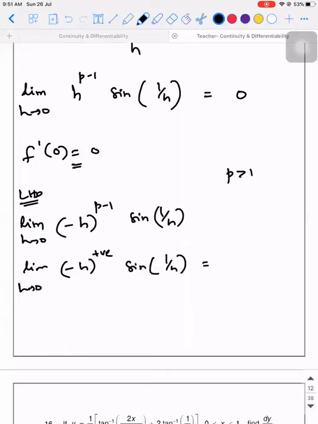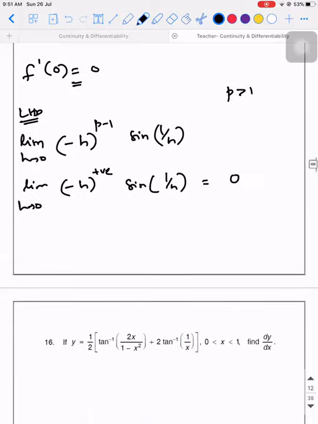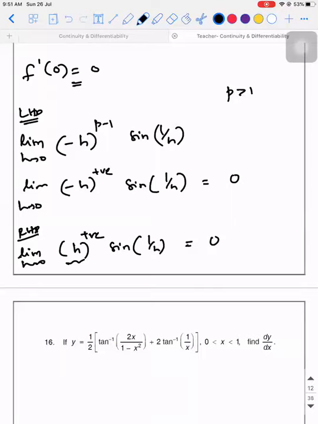So what will be the output for this after substituting 0? 0 power some positive value, greater than 0, is 0. Similarly, right hand derivative will be limit h tends to 0 h power p minus 1 into sine of 1 by h. But p is greater than 1, so it will become h power a positive value. So when I substitute 0, 0 power any positive value is going to be 0. So this will also be 0.